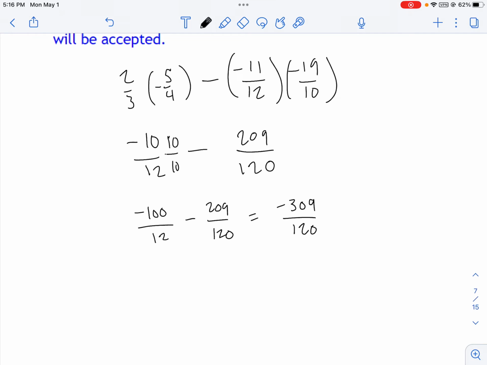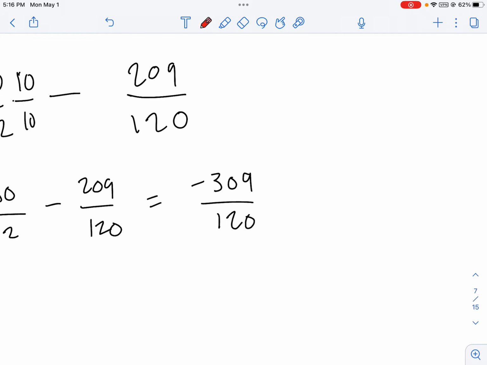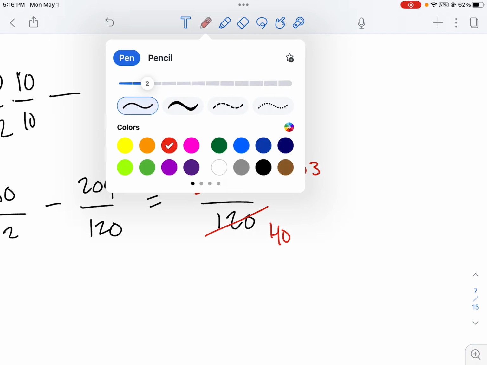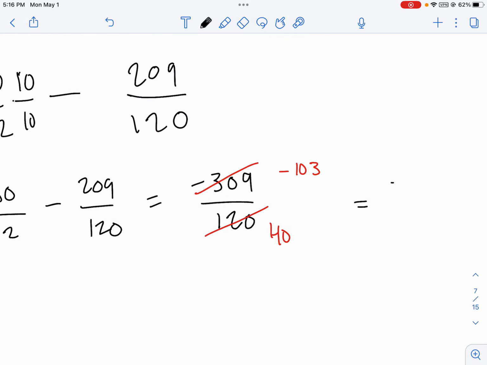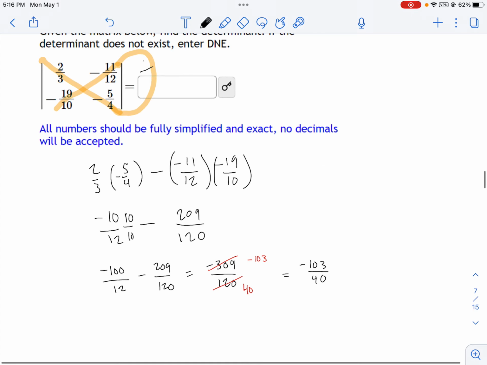So we're looking at this one, you can say, all right, well, 3 is going to go into 309 -103 times, and likewise into 120 40 times. So that means your resulting fraction will be -103 over 40. Bam! Kaplow! Answer.